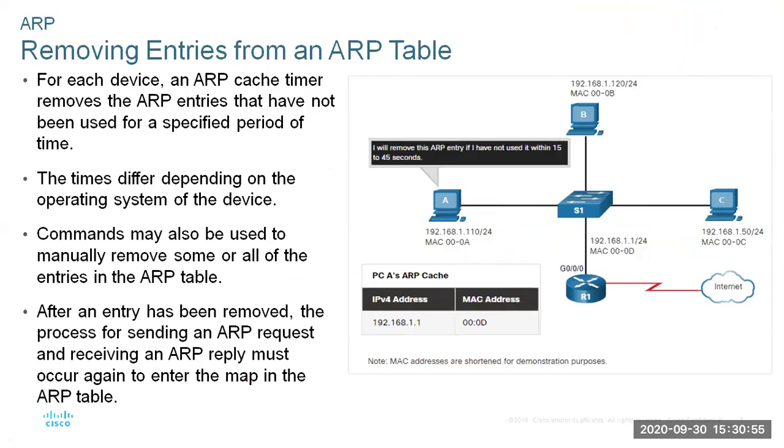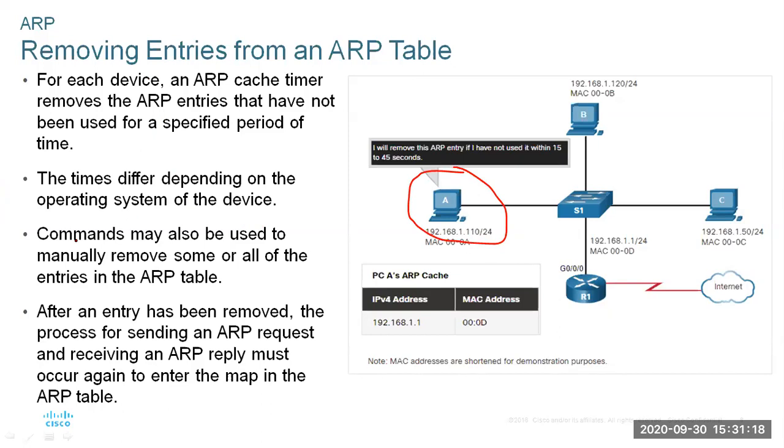Now, for each device, an address resolution protocol cache timer removes the ARP entries that have not been used. So every PC, my PC, your PC, keeps the address resolution table. The timer clears it once it counts down to 0.